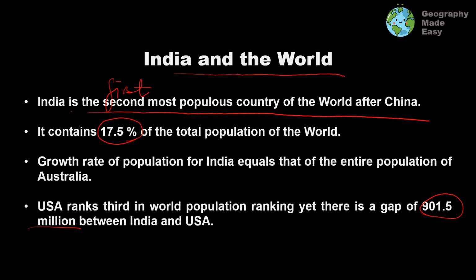So the gap between the second and the third position is huge, and India and China follow close on the heels. China right now is seeing a decline in its population, and India still has a higher growth rate, and hence it has overtaken China in its population figures.